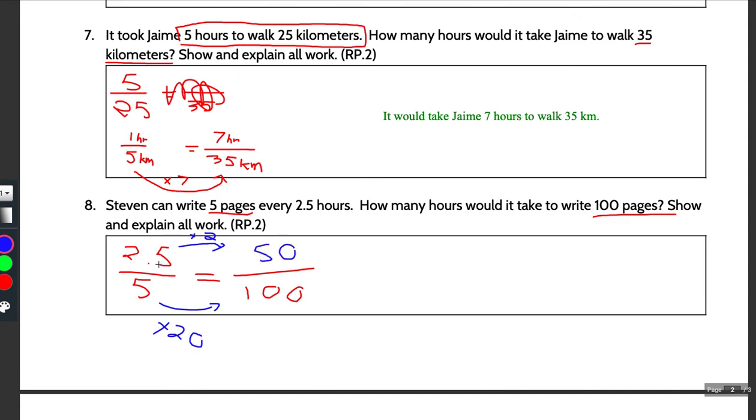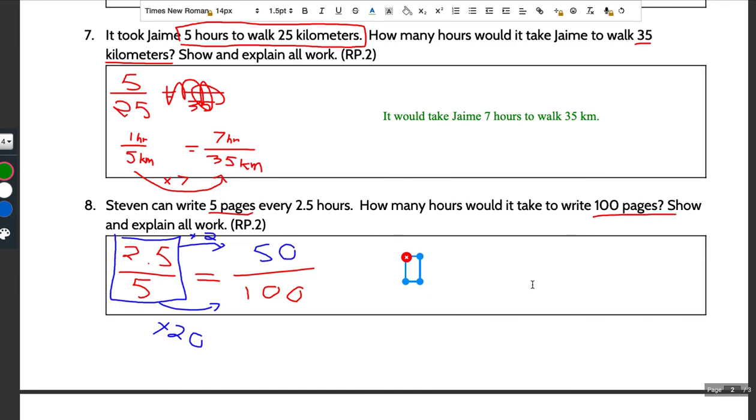Or you could also notice in this fraction here that 2.5 is half of 5. So this would just be half of 100. Let's see. Stephen can write 100 pages in 50 hours.